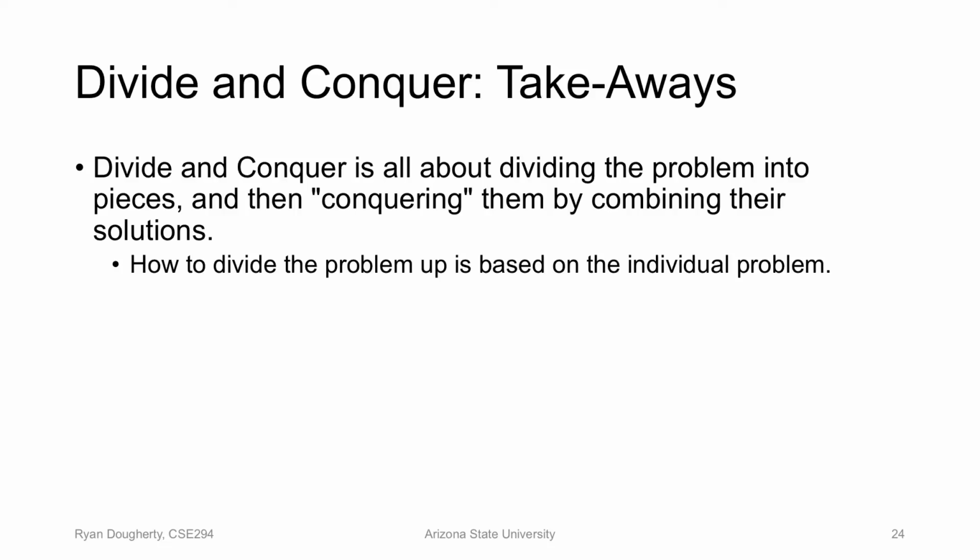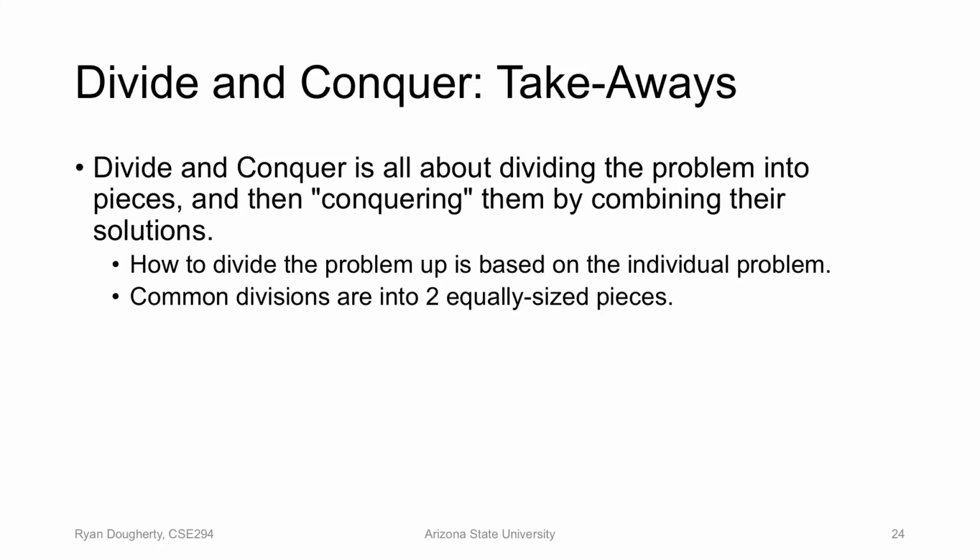It really depends on the problem, also what the base case is, because you may have even more pieces to split the problem up. Common divisions are equally sized pieces, and usually 2 equally sized pieces, as we've seen today.